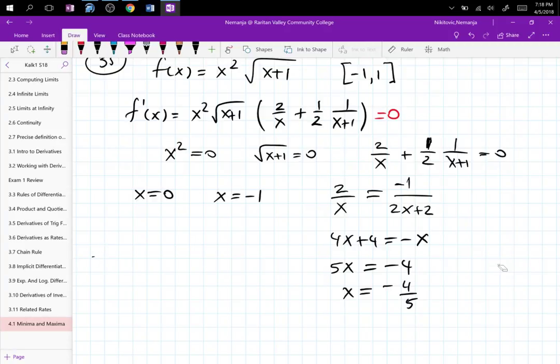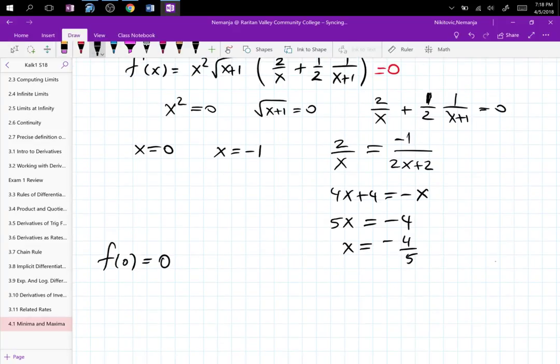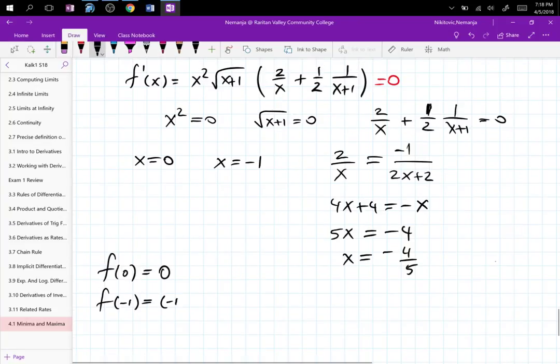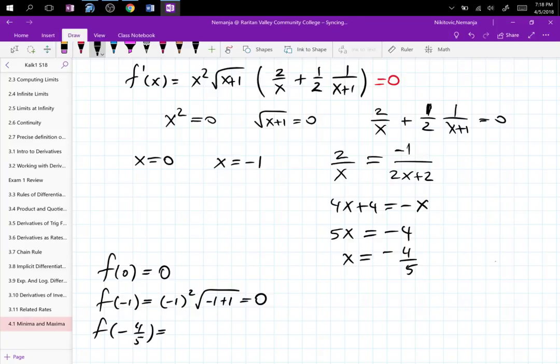So how much is f of 0? Well, f of 0 is 0. How much is f of -1? f of -1 is -1 squared times the square root of -1 plus 1. Well, that's also equal to 0. How much is f of -4/5? Well, we plug that in. We have -4/5 squared times the square root of -4/5 plus 1.